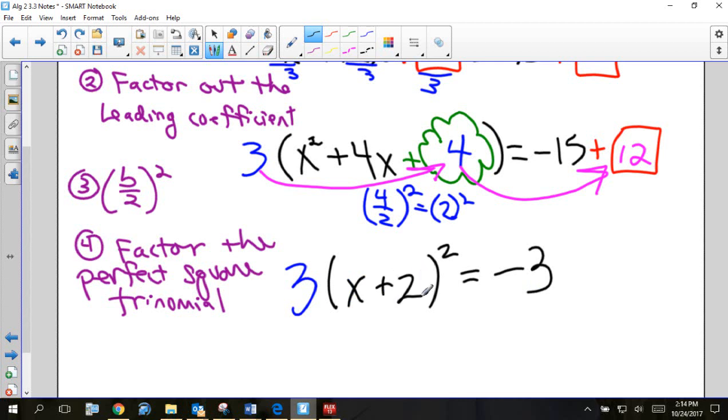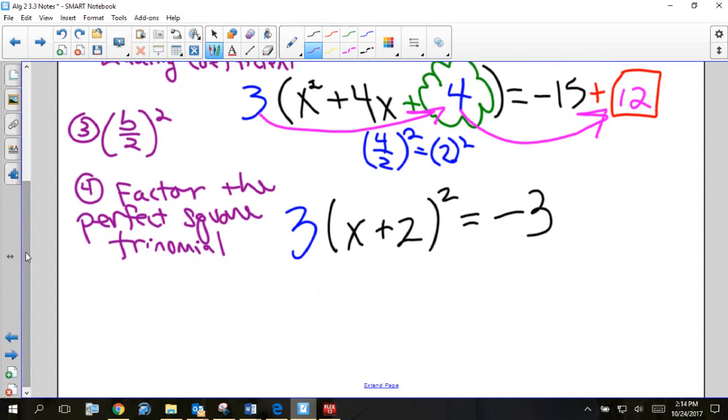All right. Then what we're going to do next is we're going to solve this by using square roots, but we can't have that number out front. So my next step, if I want to write it down, would be divide both sides by the leading coefficient, that 3.